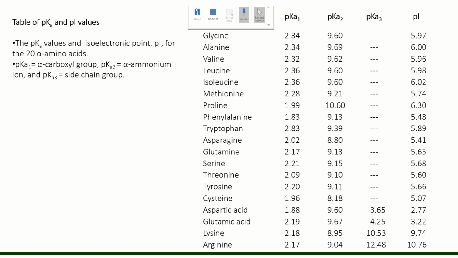You can see here, if we look at the table, all of these guys, all the way down to cysteine, are neutral amino acids. You can see that there is no pKa3 associated with them, i.e. the pKa of the side chains.